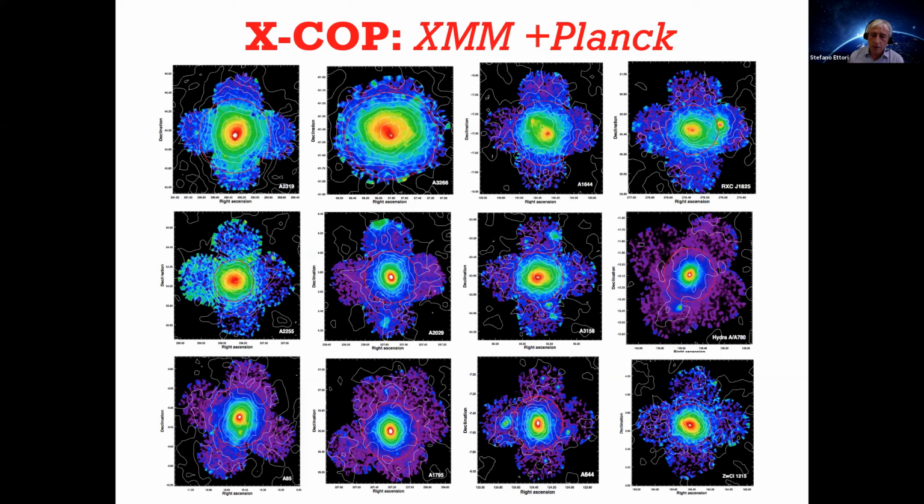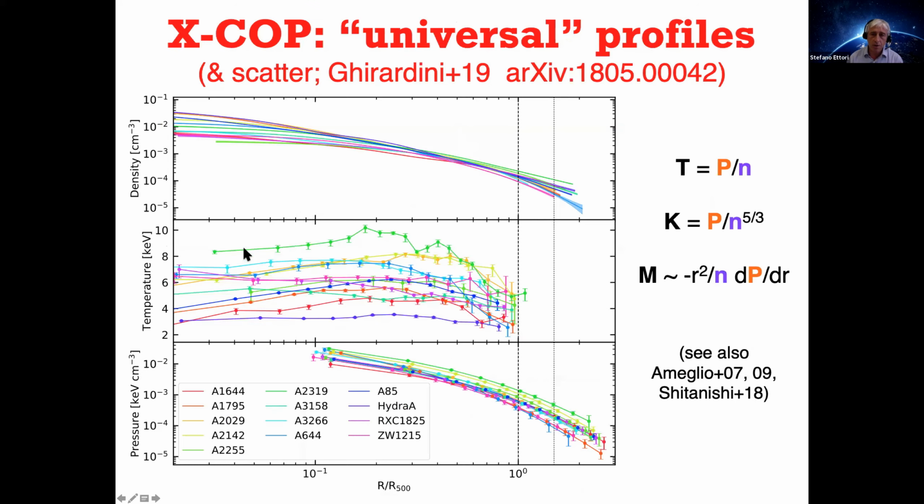The idea was to recover all the thermodynamical properties of these systems, and then, by combining these thermodynamical quantities, to recover the total mass distribution. These are 12 objects. You see here represented the image in X-ray and overplotted the contour plots of the Planck signal. So we can recover the azimuthally averaged density, temperature, and pressure.